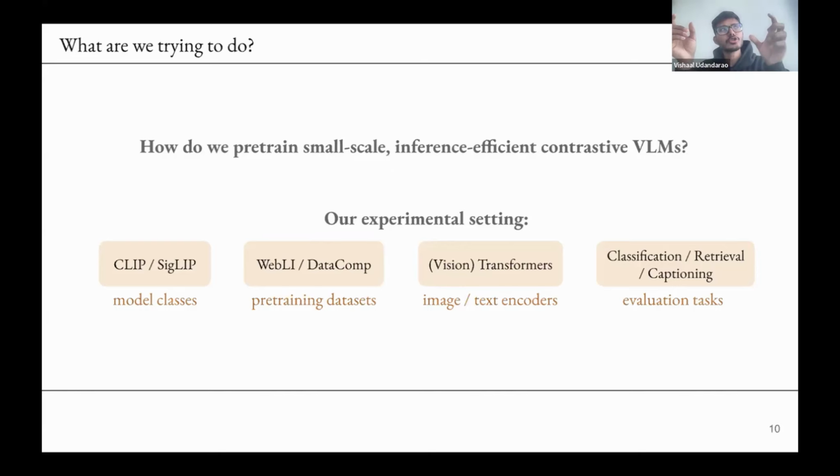And then we also take our vision encoder and plug it into a multimodal decoder to do captioning and VQA tasks. So that's the overall setup that we're going to operate within. The rest of my talk is going to be about what we actually did: how do we pre-train small-scale but highly inference-efficient contrastive VLMs that can then be deployed.